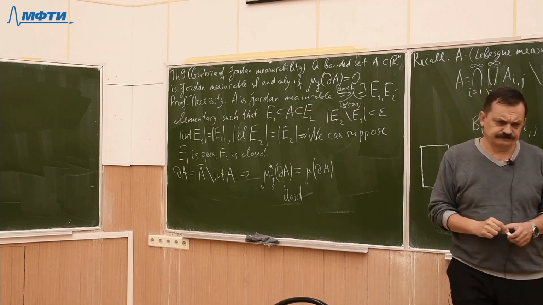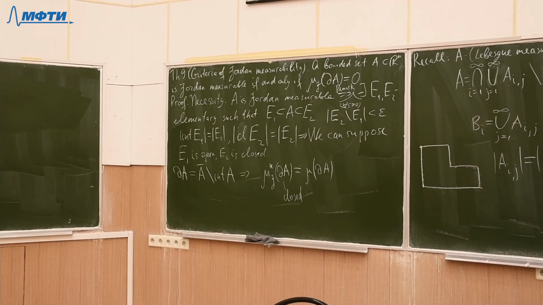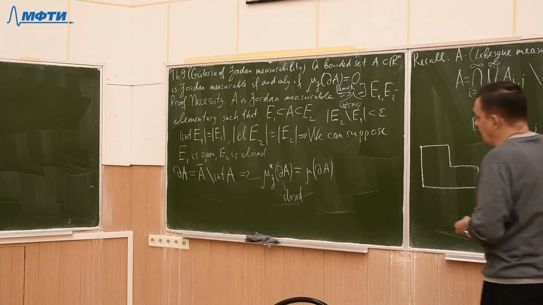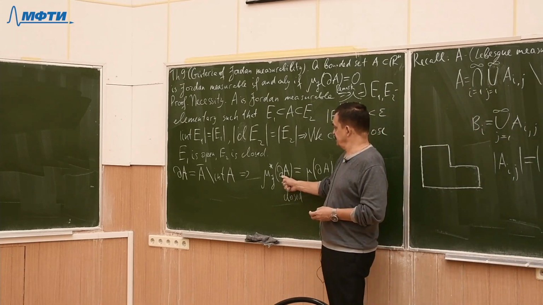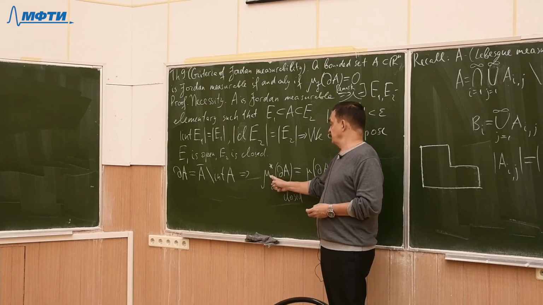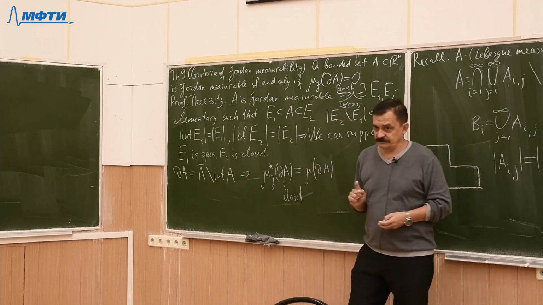There was a corollary in one of the former lectures. So for closed sets, outer Jordan measure coincides with Lebesgue measure.